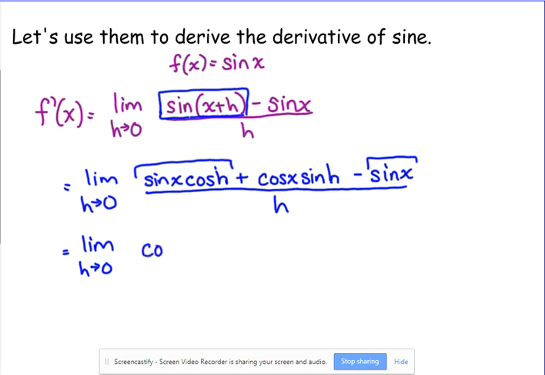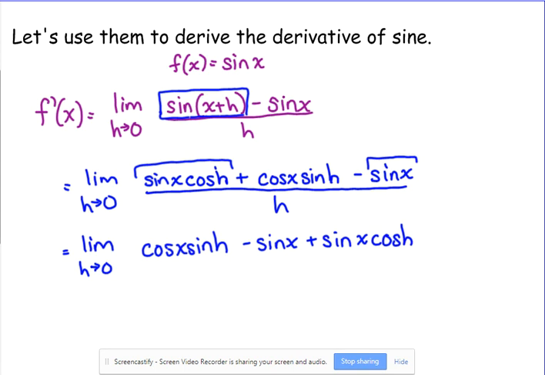We've got cosine of x sine of h, and we're just going to move that to the front. And then we've got minus sine of x plus sine of x cosine of h.